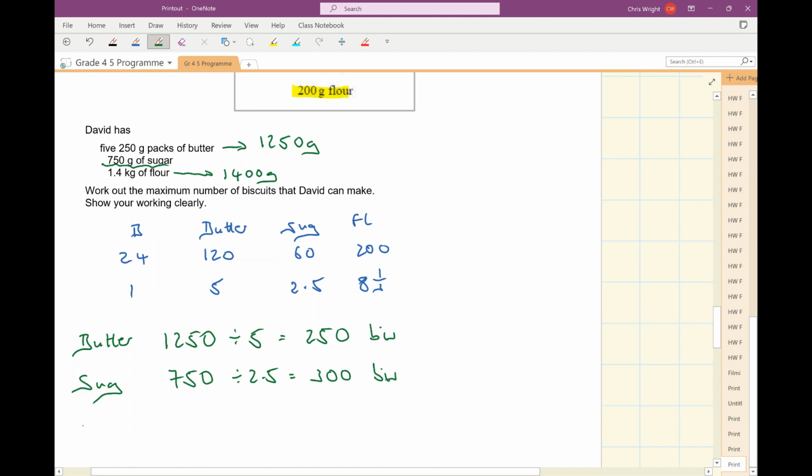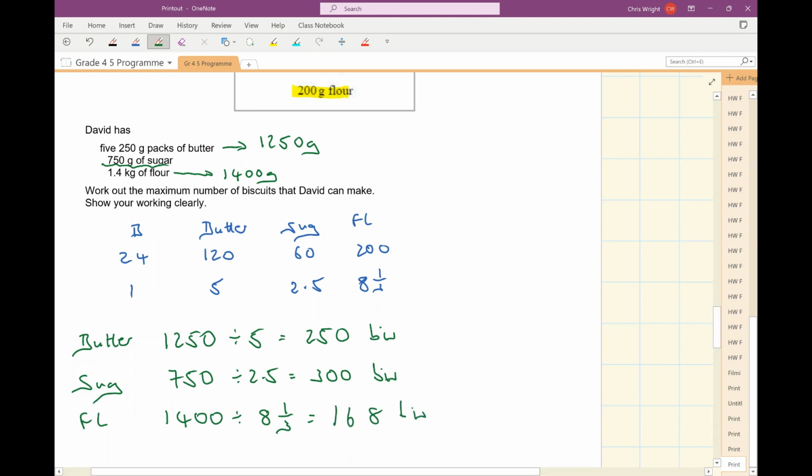And what about flour? How much flour has he got? He's got 1,400 grams of flour. We want to divide that by 8 1/3, because every biscuit needs 8 1/3 grams of flour. So 1,400 divided by, I'm going to use the mixed number function on my calculator, 8 1/3, 168 biscuits.